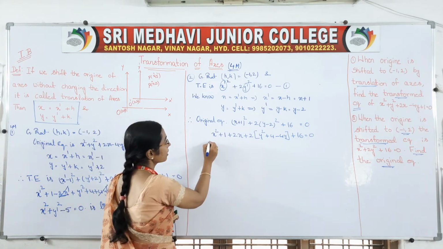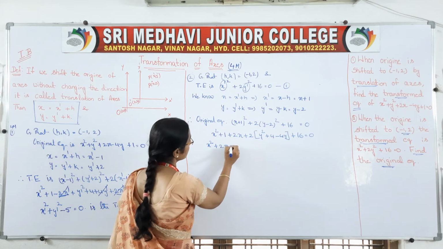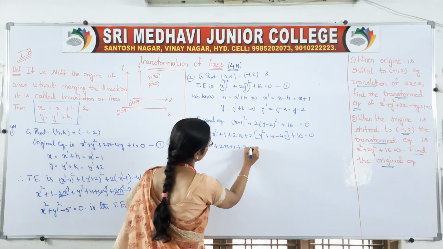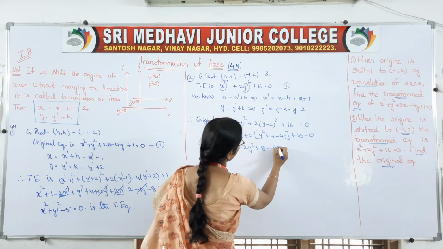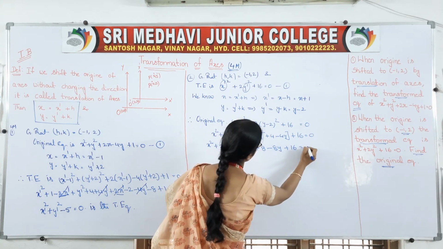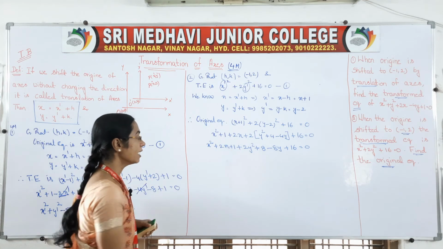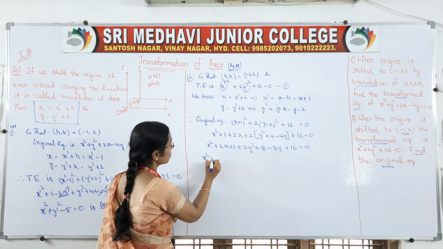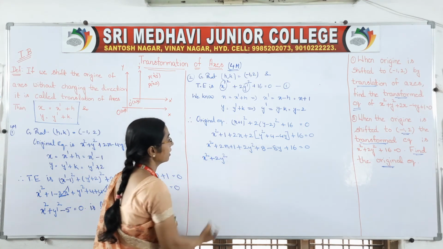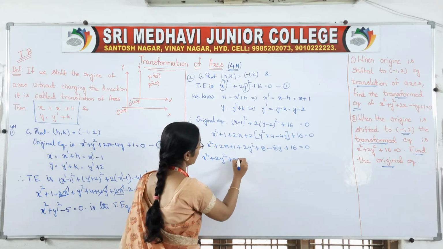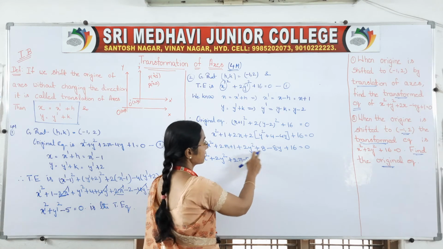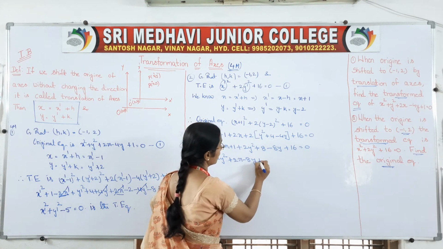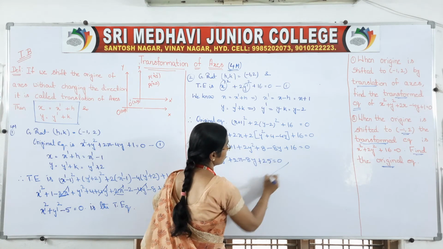So write down x square plus 2x plus 1, open the brackets, 2y square, 2 4s are 8y plus 16 is equal to 0. At the end, writing in the order x square plus 2y square plus 2x minus 8y. Okay, so 1 plus 8, 9, 9 plus 16, 25 is equal to 0.